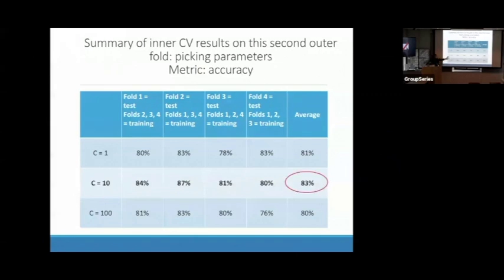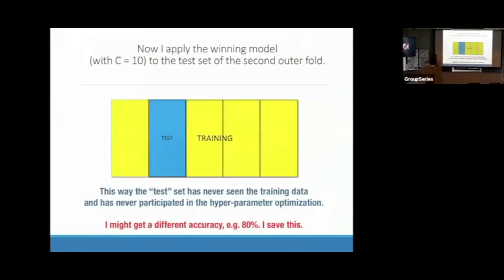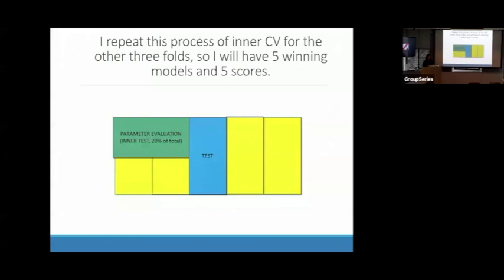Maybe for this fold, c equal 10 is a better parameter value. That's fine. All that matters is I'm picking one, and then I apply my winning model to the test fold. I get a different accuracy, for example, 80%. I save it. I had 82% first, and 80%. I continue for this fold, this fold, this fold.